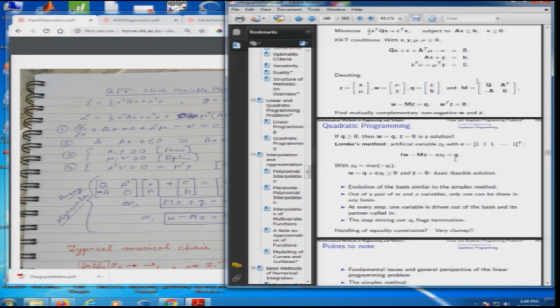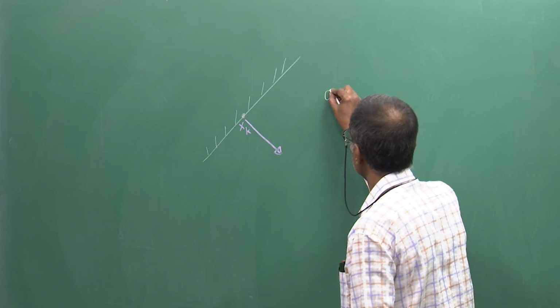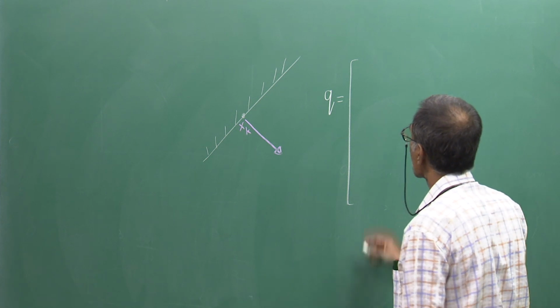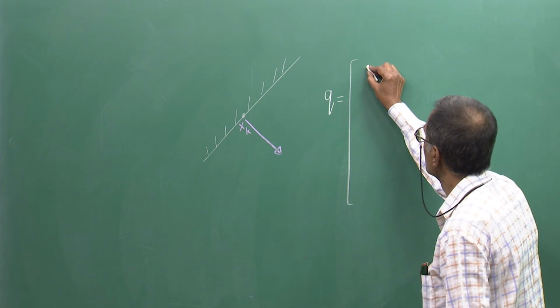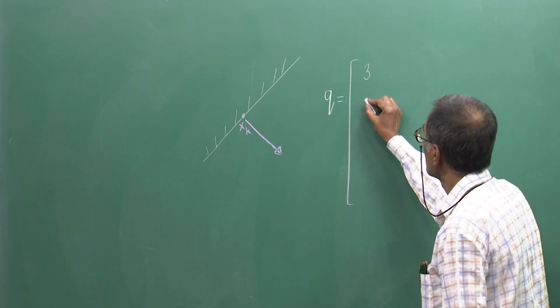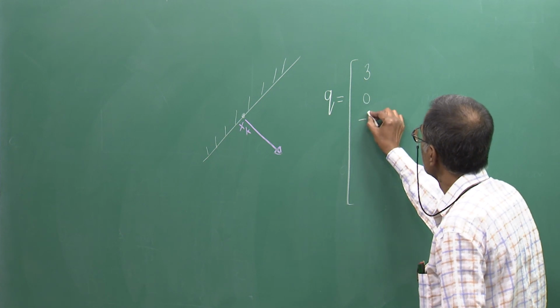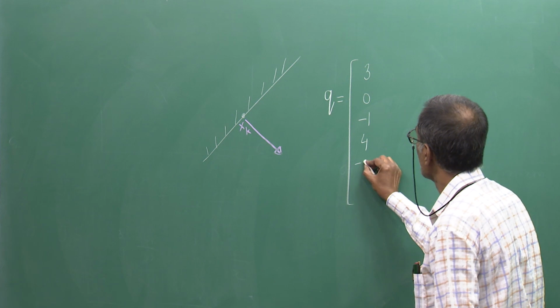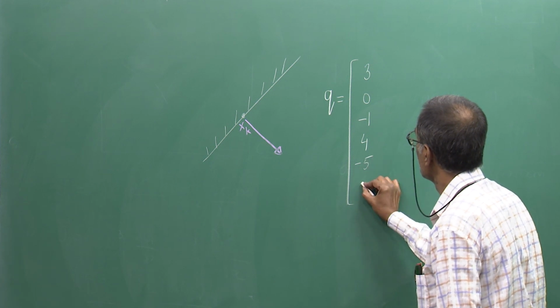For example, say q happens to be the vector 3, 0, minus 1, 4, minus 5, 7.